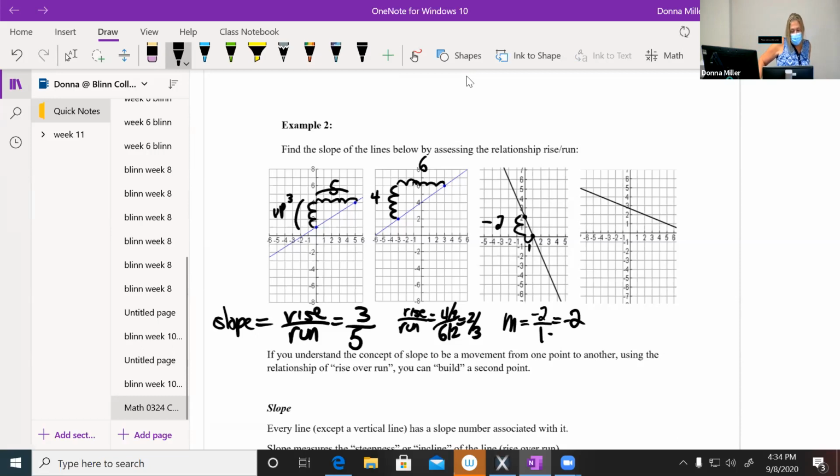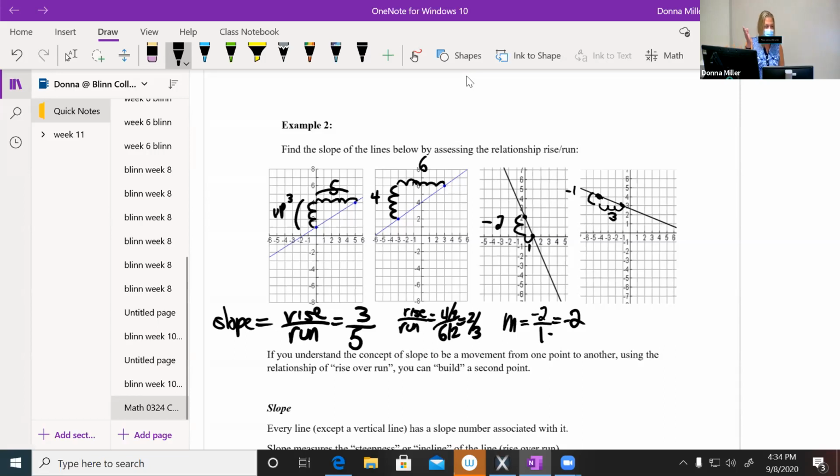You guys get it online? Yeah. All right, so this last one, pick two good points. Let's see, here's a nice one. Here's a nice one. Here we go. All right, so from point to point, I'm going down 1 and over 1, 2, 3.